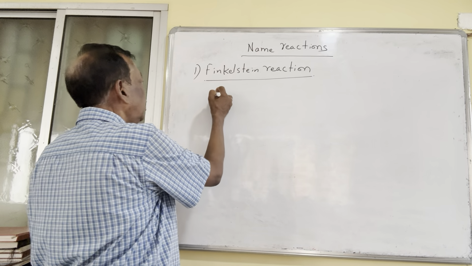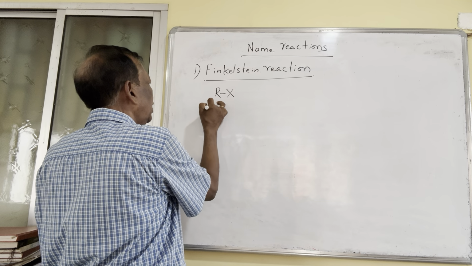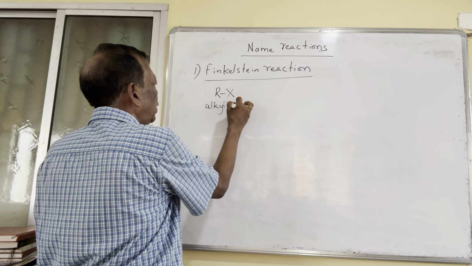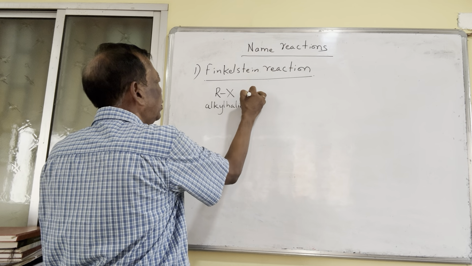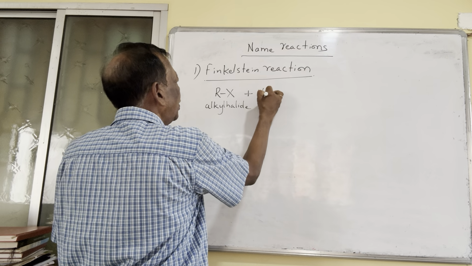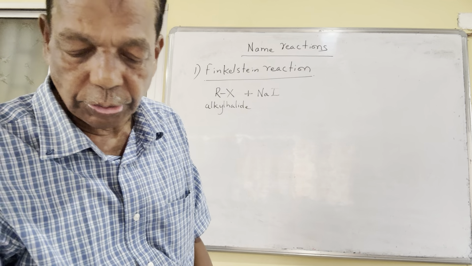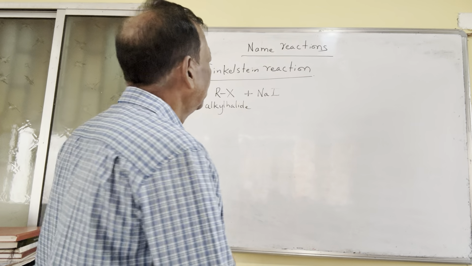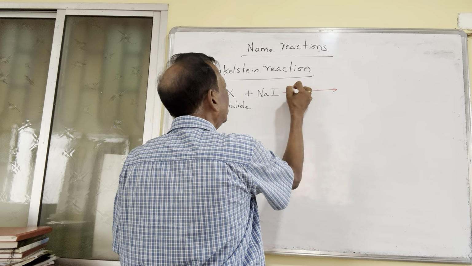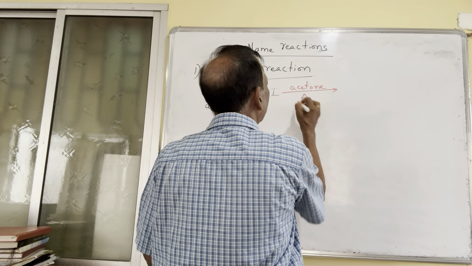If we have here say RX, alkyl halide or haloalkyl, and if you happen to treat this with sodium iodide, in this reaction the reaction is carried out in presence of acetone and heat.